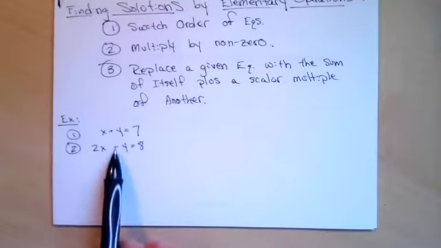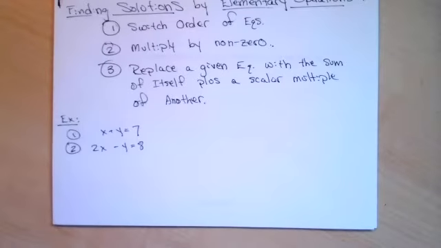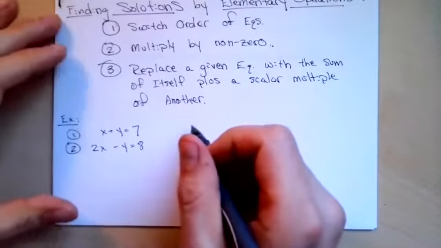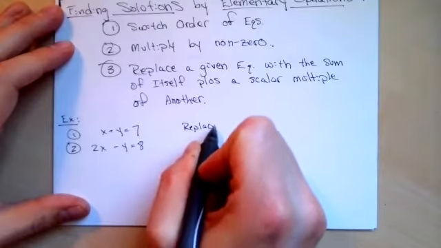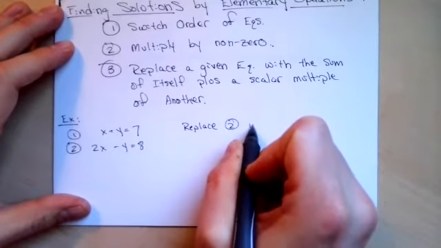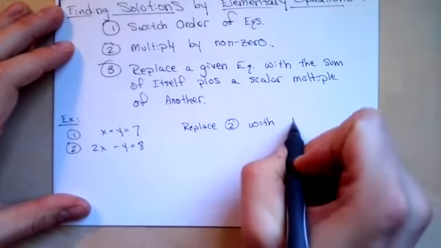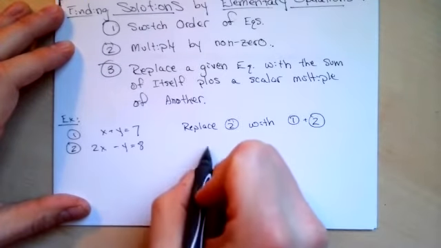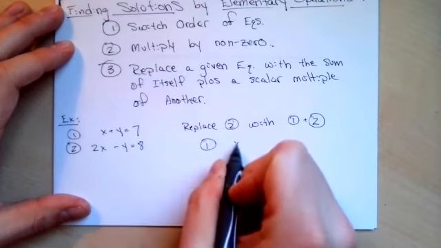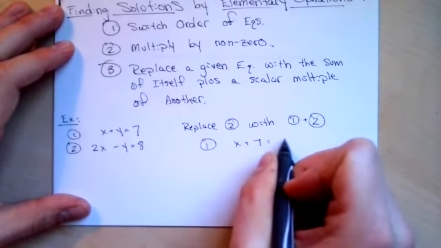So our process for solving these is essentially what we want to do is get rid of some of the variables. Pick one of the variables at the beginning and try to eliminate that from our systems of equations. So namely, if we replace 2 with the sum of 1 plus 2, then we are going to have a new system of equations.